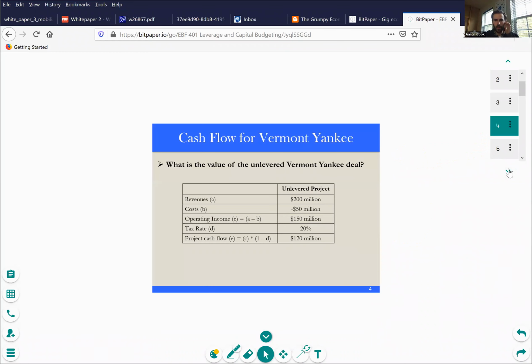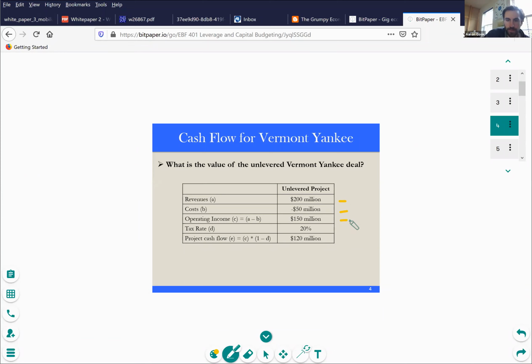We'll talk about the distinction between unlevered cash flows and levered cash flows. But first, before we do that, let's think about just what the value of this asset is to Entergy after having purchased this project. So the revenues associated with this project are $200 million per year. There's going to be some costs of $50 million per year.